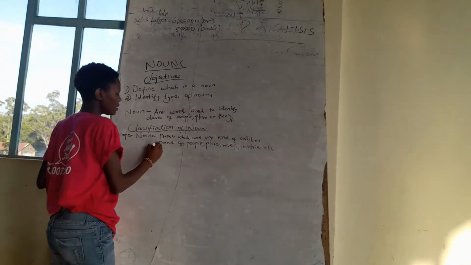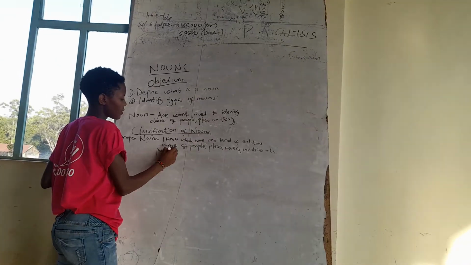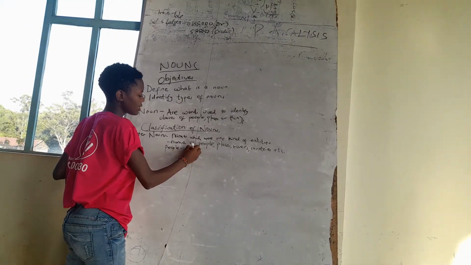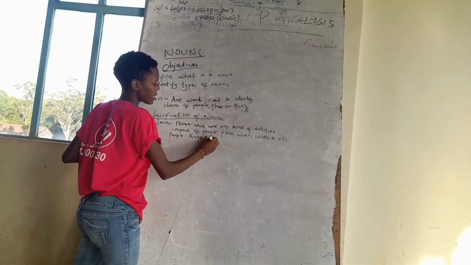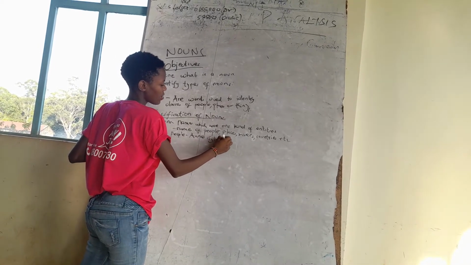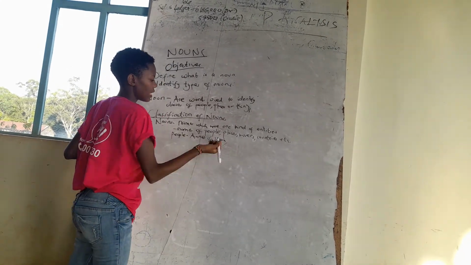Names of people: we have names like Anne, Sylvia, and Ken.